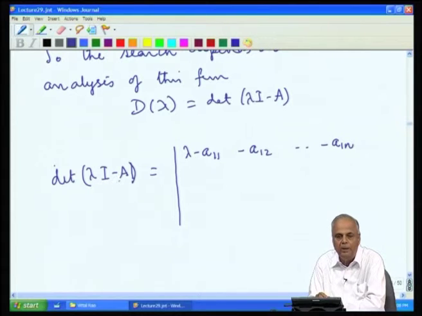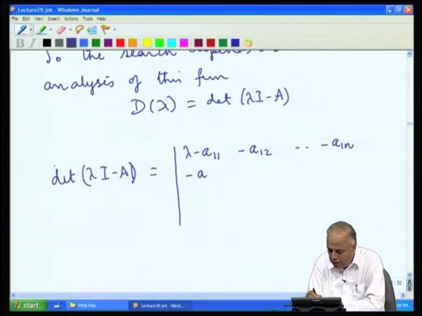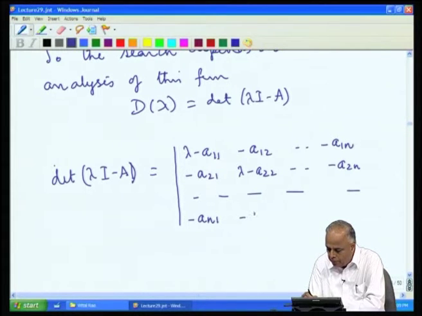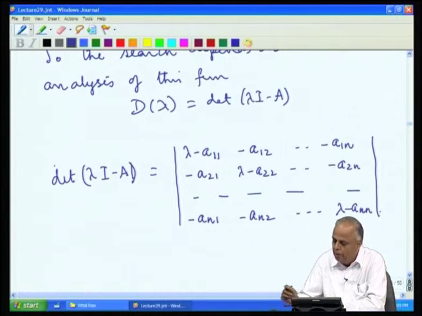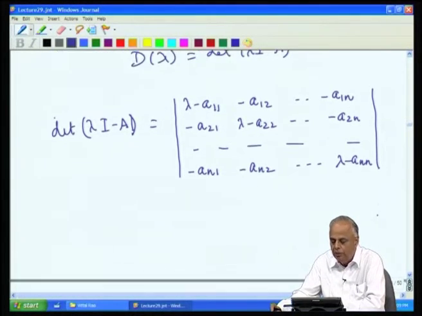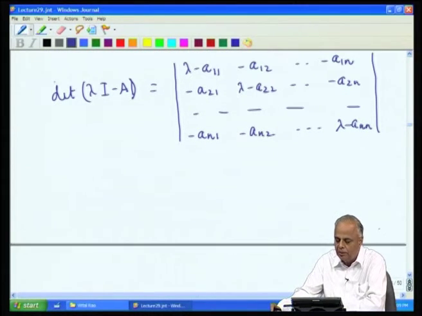It is simply the matrix minus A, except that along the diagonals we have to stick lambda. So, it is minus a 2 1, lambda minus a 2 2, up to minus a 2 n, and so on. The last row will be minus a n 1, minus a n 2, and then lambda minus a n n. So, this is the n by n determinant, which is determinant of lambda I minus A.